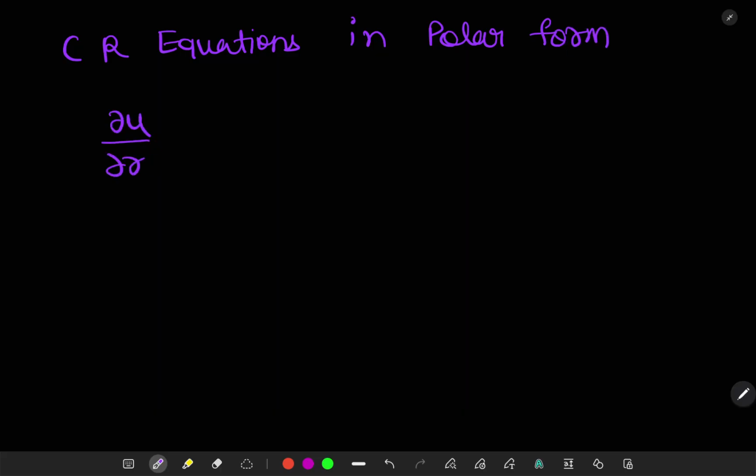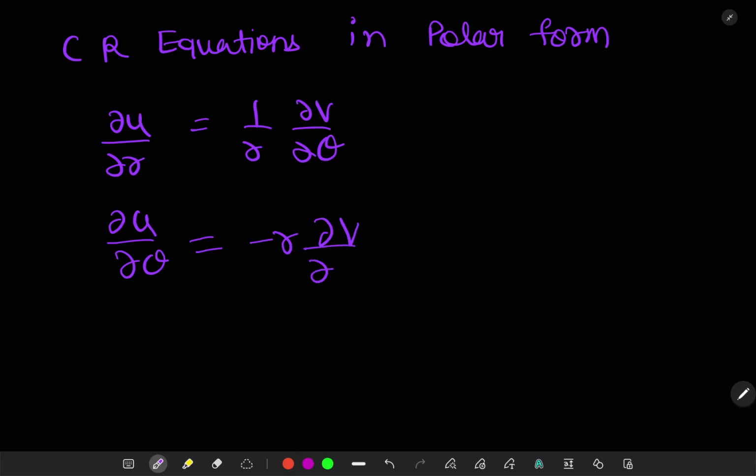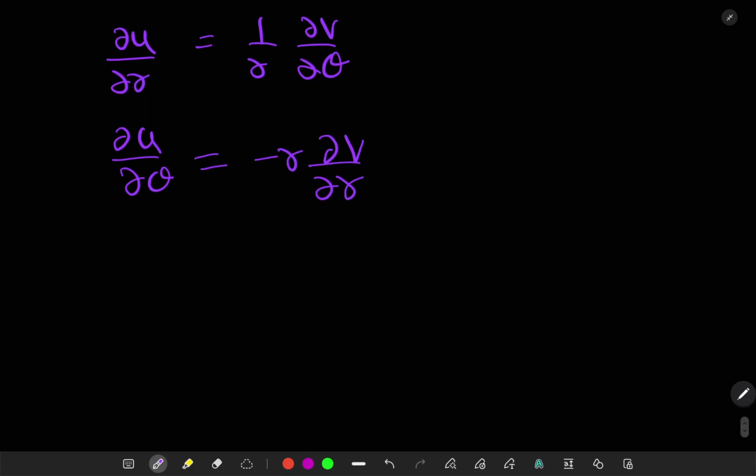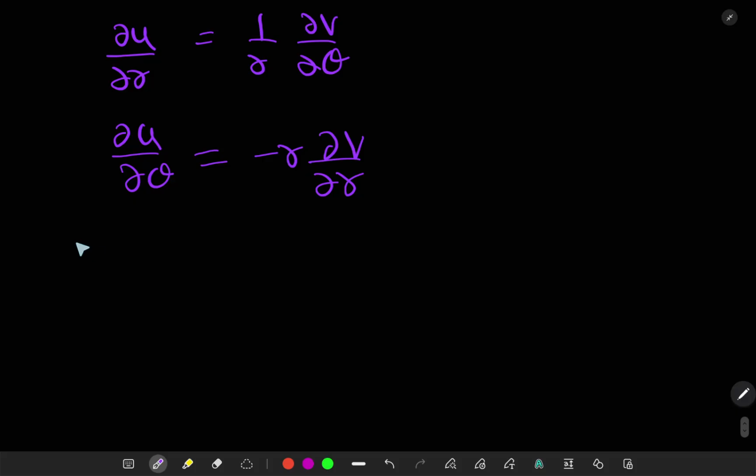Del u over del r equals 1 by r del v over del theta, and del u over del theta is equal to minus r del v over del r. Now Cauchy-Riemann equation for derivative of w in polar form.